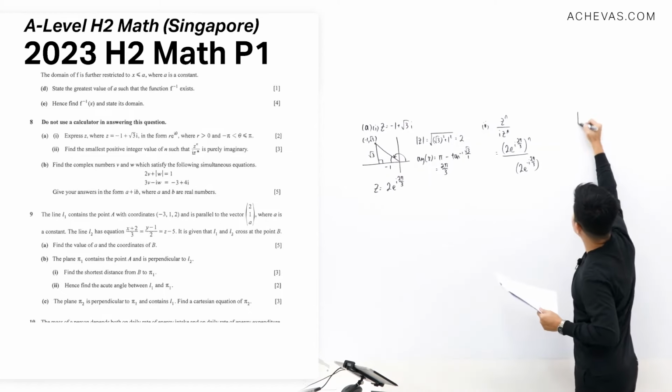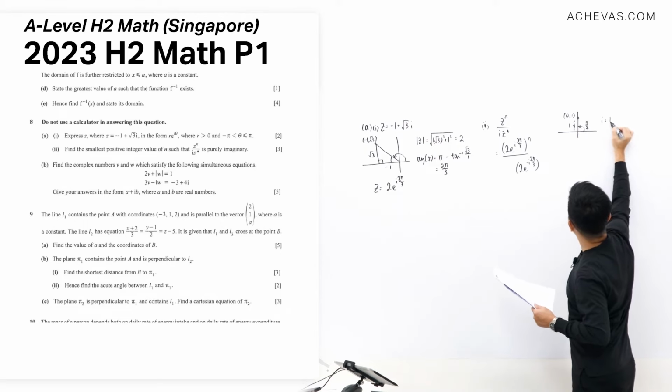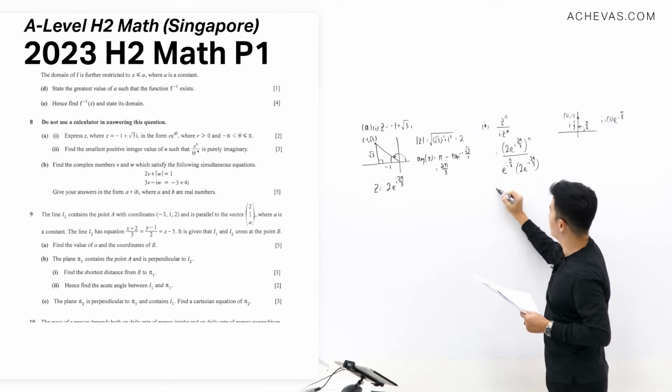Okay, doing a quick sketch of it on an Argand diagram, i is going to be represented by the point (0, 1). So the distance is 1 and the argument is pi over 2. So i is going to be 1 times e to the power of i pi over 2.